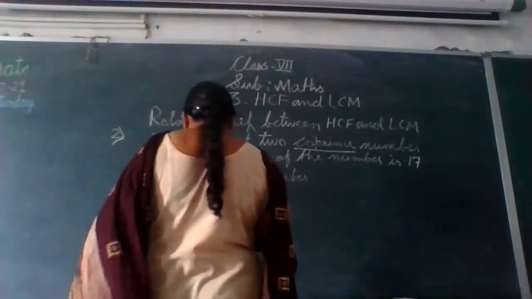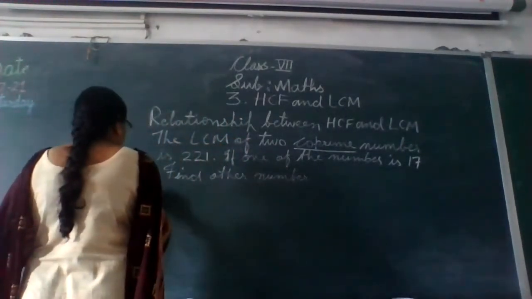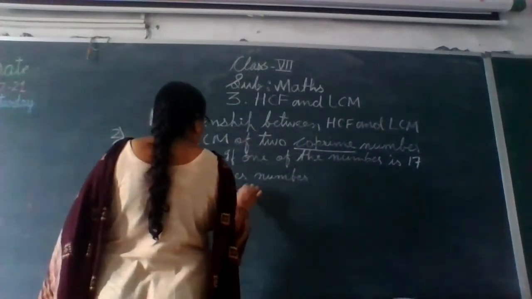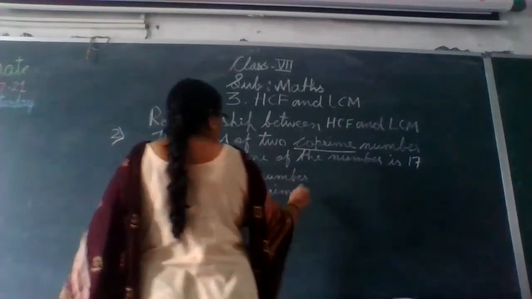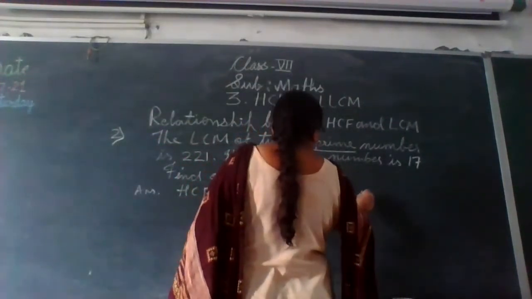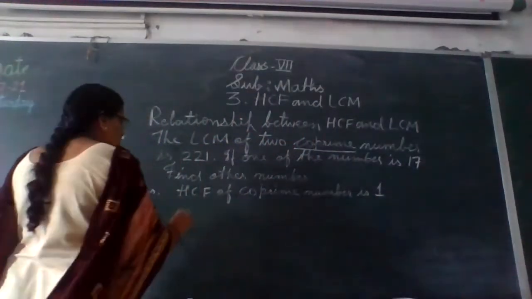So see, the HCF of co-prime numbers is 1. Now, what is the relation?